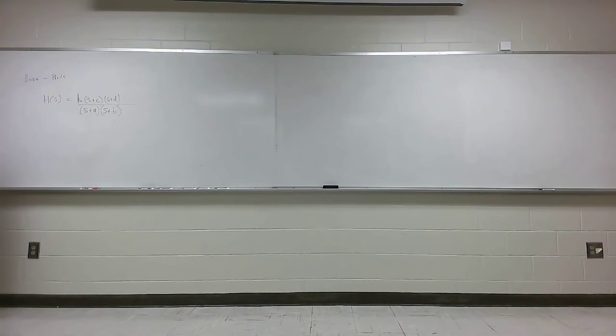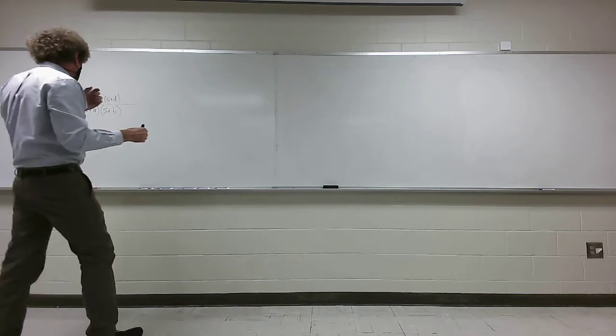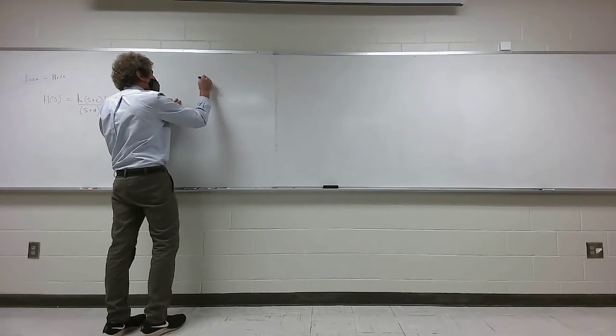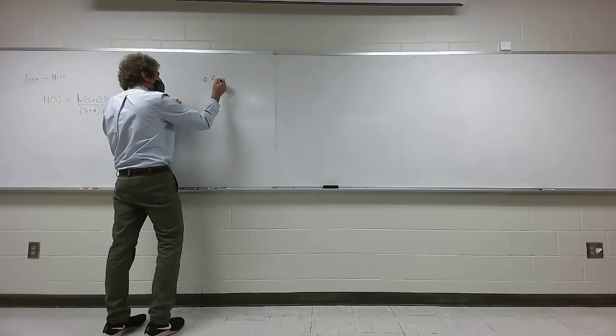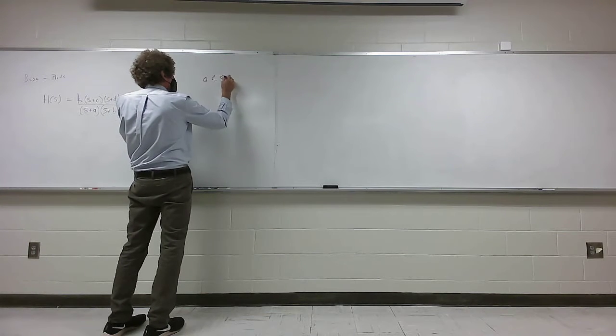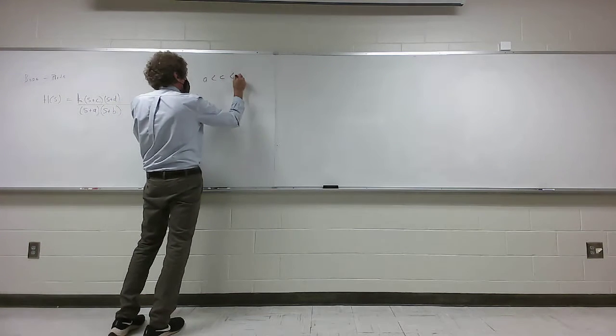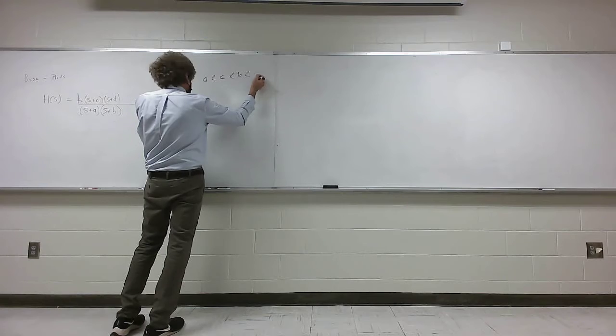Now how this looks all depends on the values when we plot it of A, B, C, and D. So we're going to make a few assumptions, and this is only on me. I'm going to say A is going to be less than C, is going to be less than B, is going to be less than D.